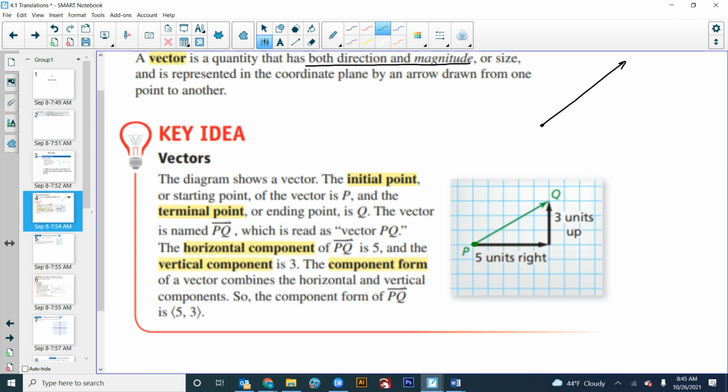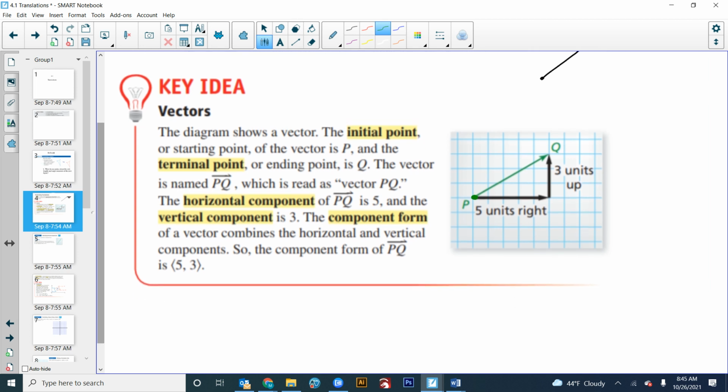Two things about a vector. I guess I'm getting ahead of myself. If you're given it with these pointy brackets like this, that is not a point on the graph. Hear me very clearly, someone's going to ask it.